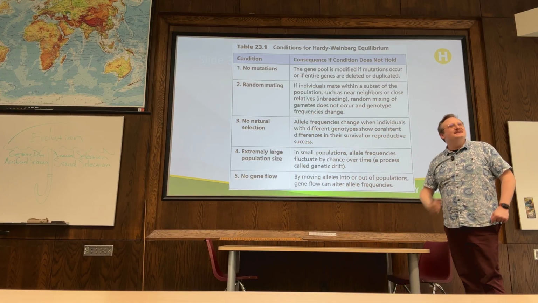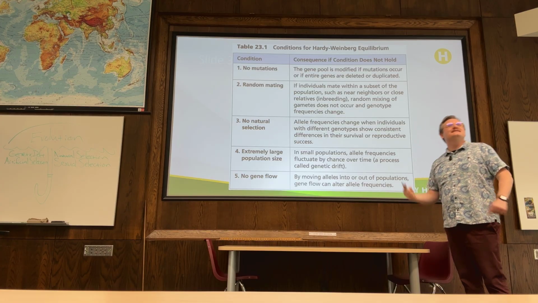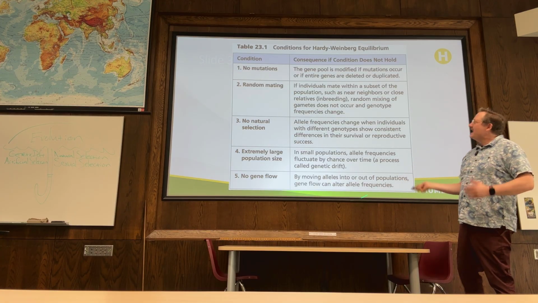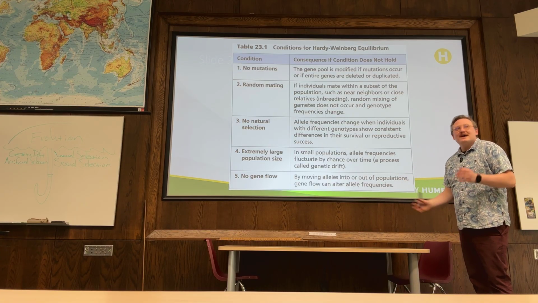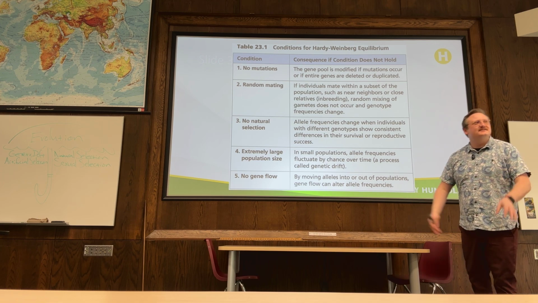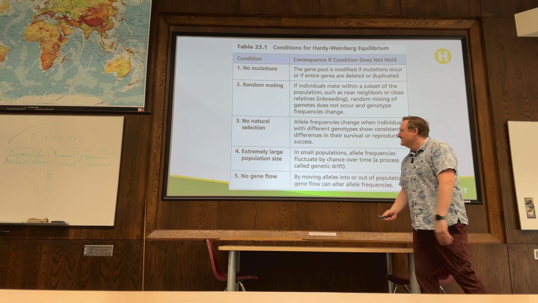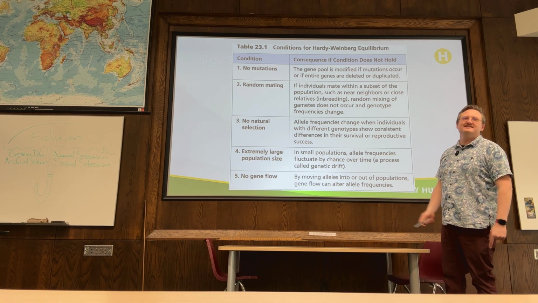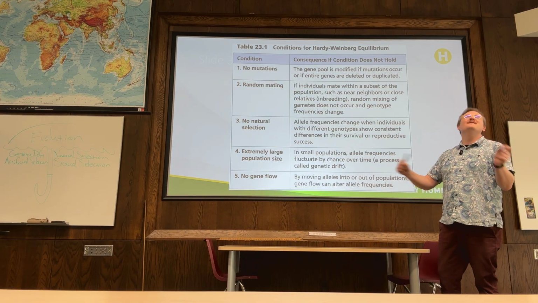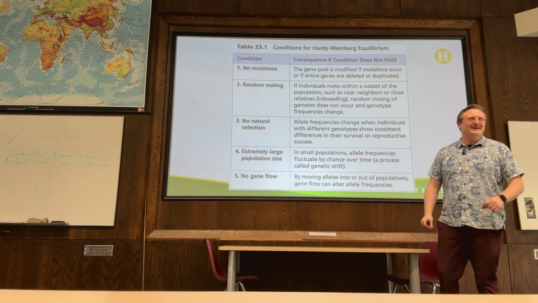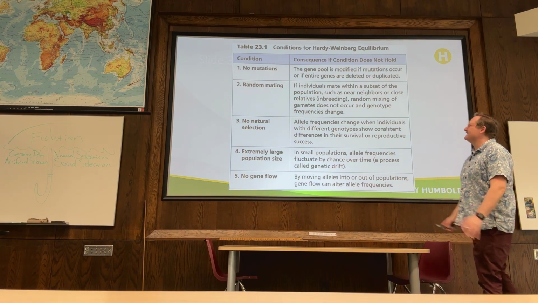It's pretty circuitous, but I think it's fun to realize this table actually has a lot more information than you see at surface level. So the opposite of these conditions are the conditions for evolution to occur. Check this out.